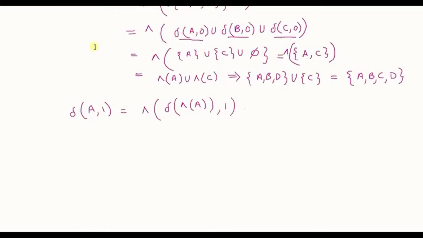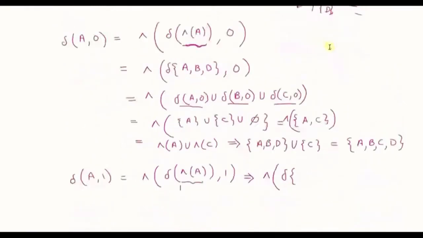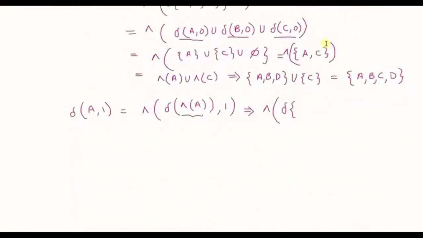This can be further written as E closure of del of, now you need to substitute what is null closure of A. As you know, null closure of A gives you the set A, B, D. So you are going to write A, comma B, comma D. So it is del of ABD, comma 1.